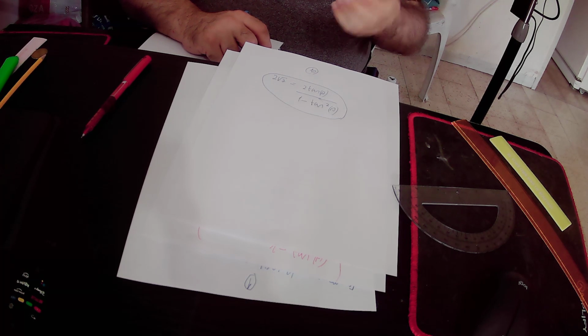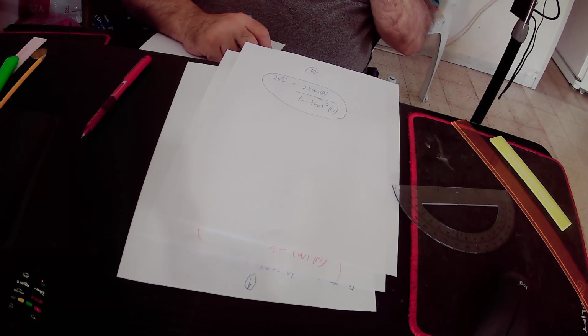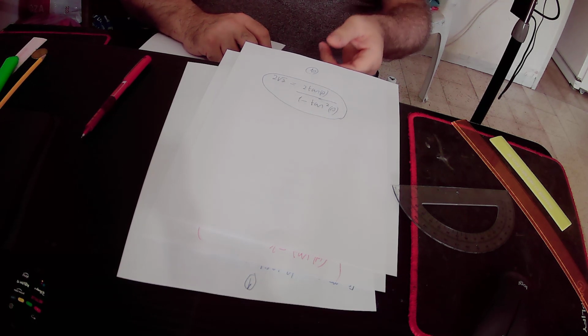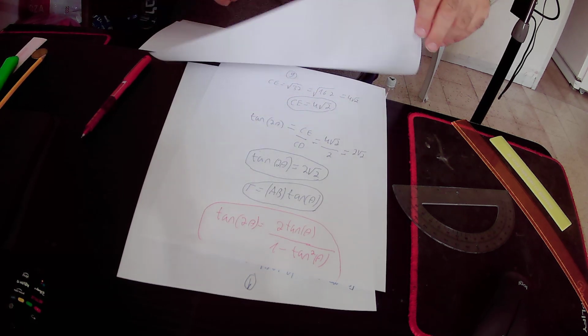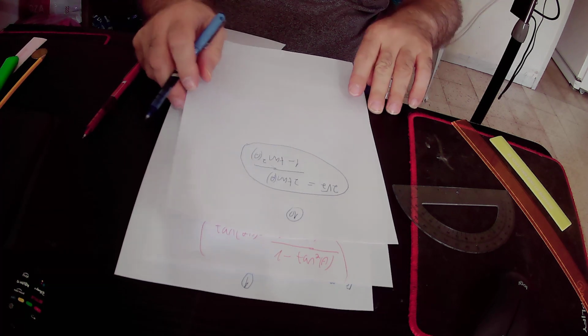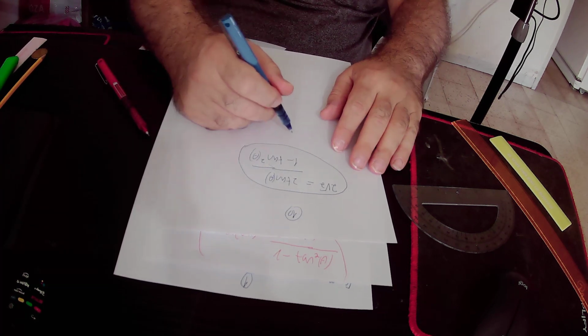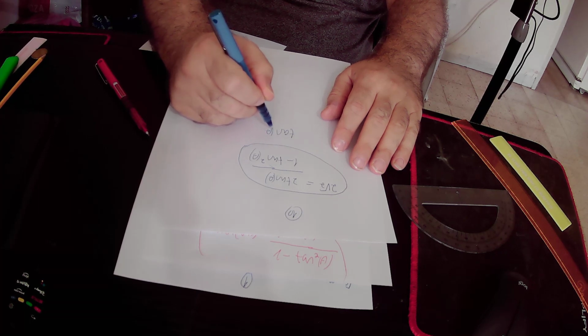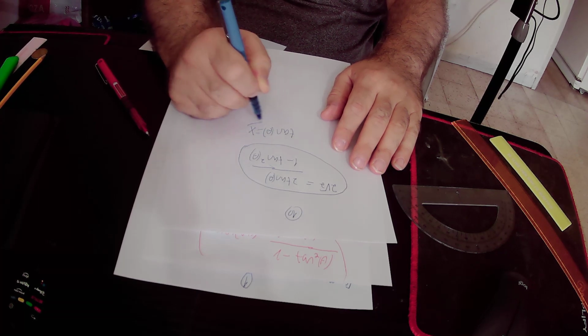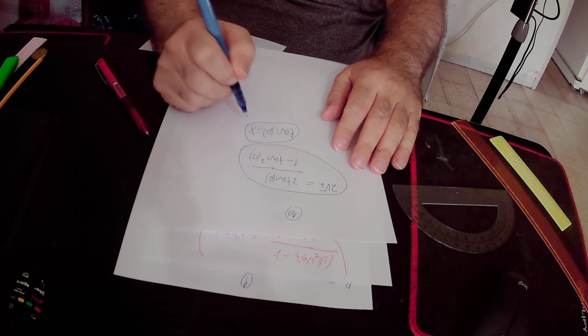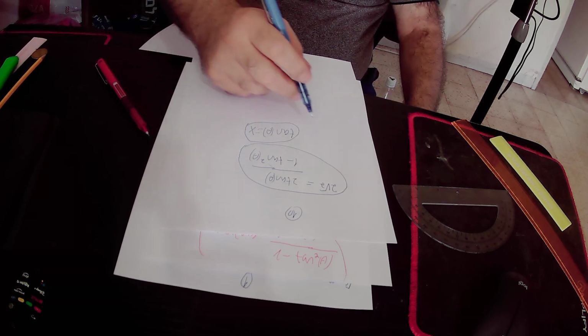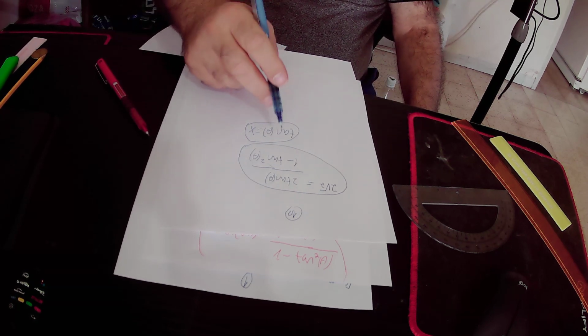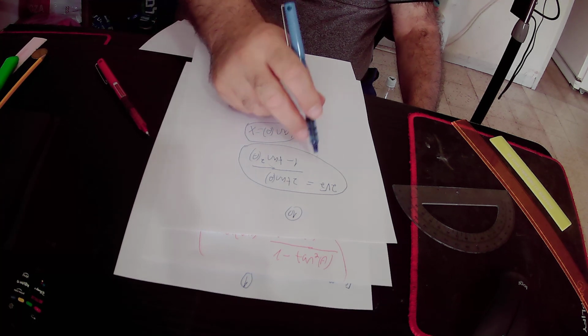Here we will define tangent theta as x, and then we will solve a quadratic equation. So tangent theta equals x. I will substitute tangent theta by x in this equality.